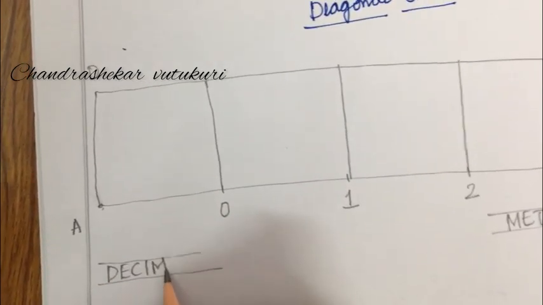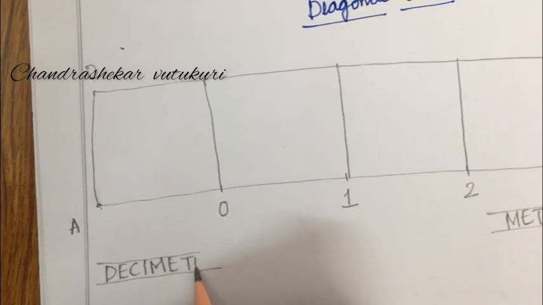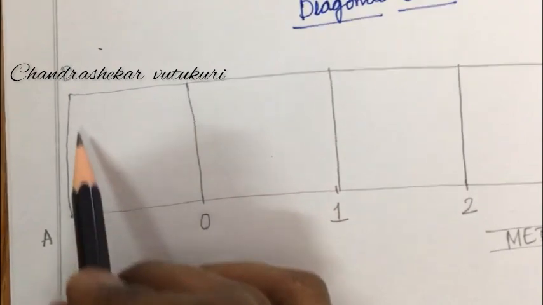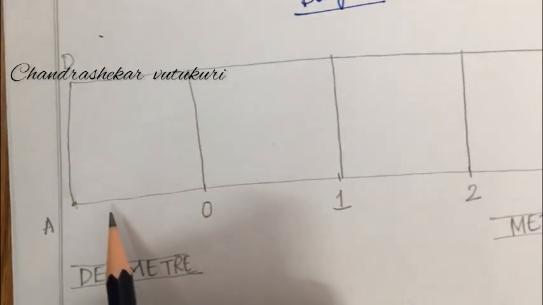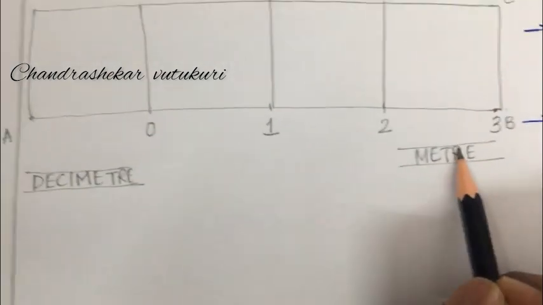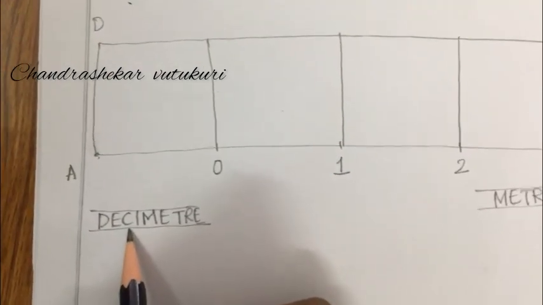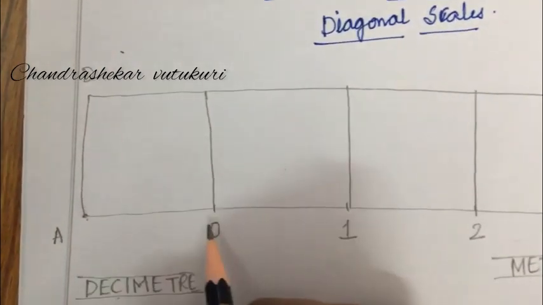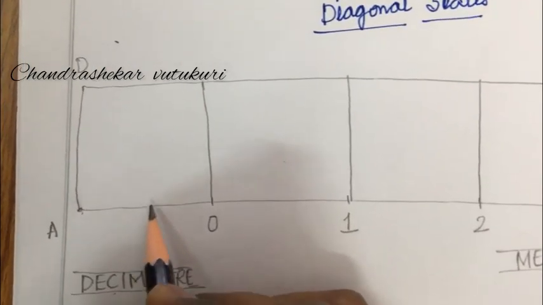I hope you are getting this. This is a meter box. In this, how many subunits will be there? 10 subunits will be there. That is nothing but 1 meter equals 10 decimeter. Now, if you look at this, we are supposed to divide even this decimeter subunit into 10 equal divisions.